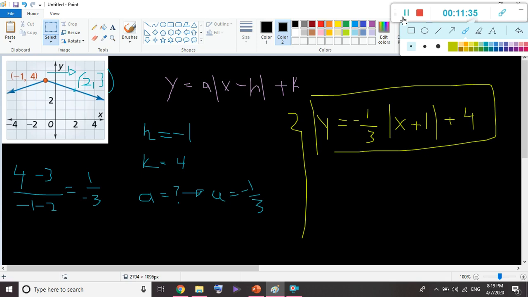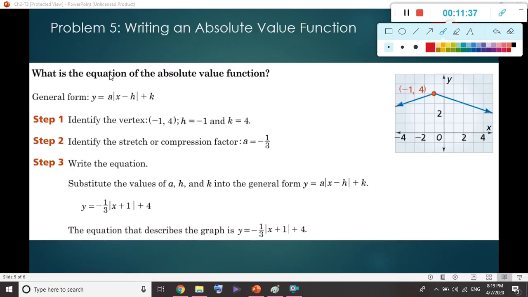Let's check our answers. Okay, so first of all we're going to identify the vertex. H equals -1 and K equals 4, yes. Then identify the stretch or compression factor here, which is -1 over 3. We found it by finding the slope between 2 points, this point, and the second point will be to the right of the vertex. So we chose a point here which is 2, 3.